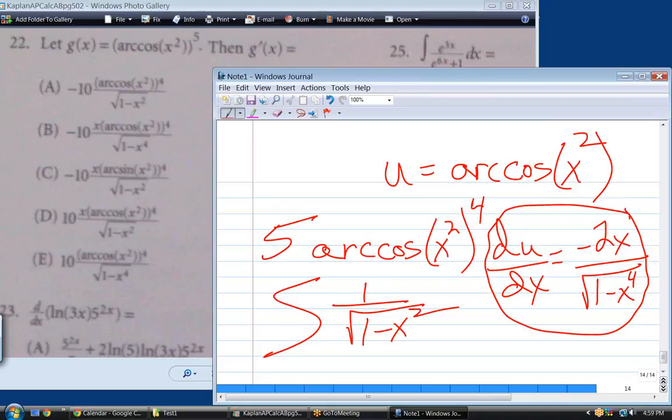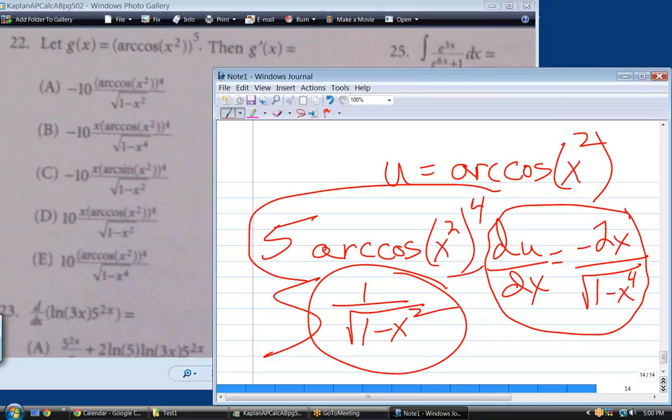And you end up getting lots of very complicated functions that have an appearance like that, and so you end up using either arc cosine, arc tangent, or arc sine to integrate them.